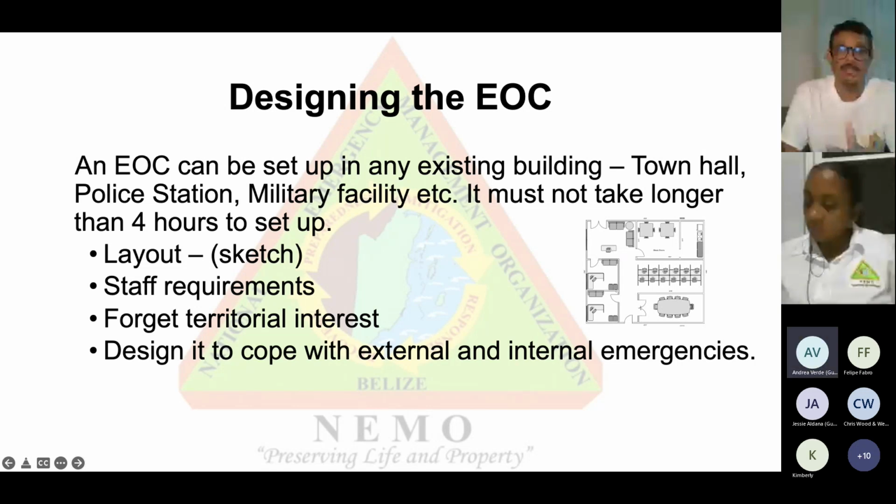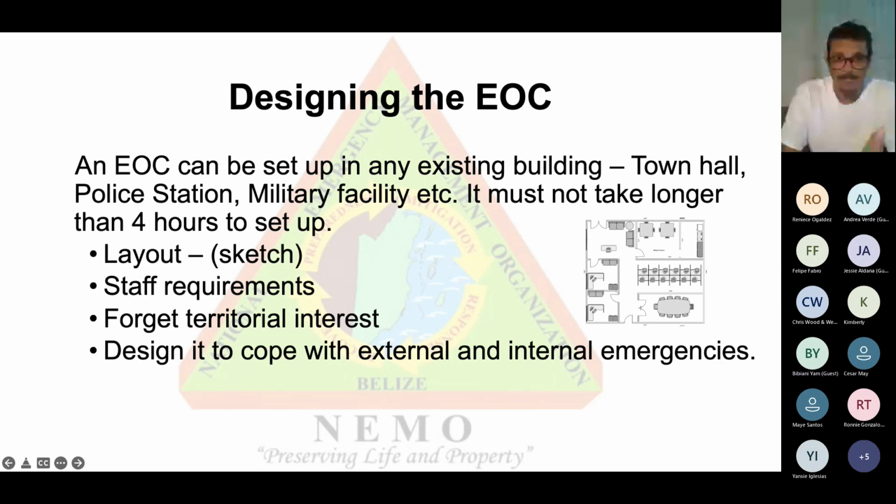You need to consider the staff requirements that will be necessary in that emergency operations center, from the director, operations officer, chairpersons of different committees or lead personnel for different agencies who have different scope and responsibility in the disaster management.